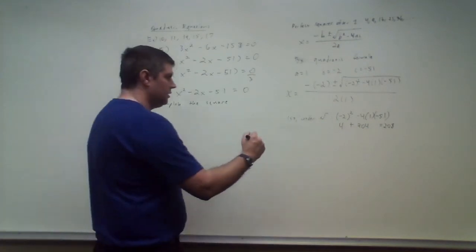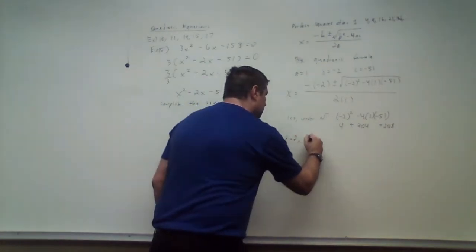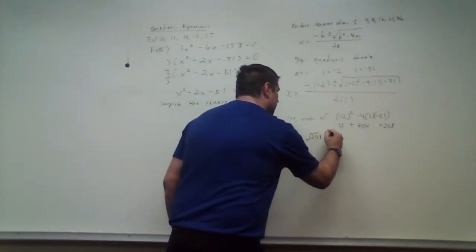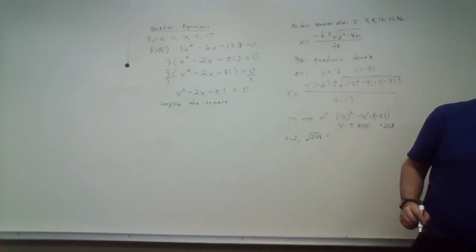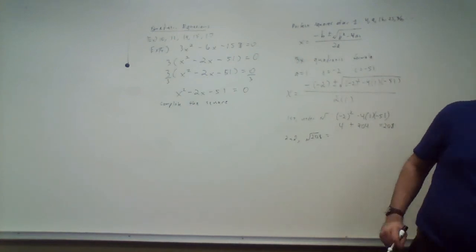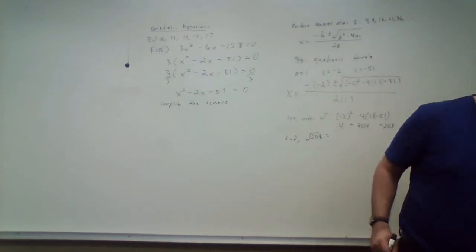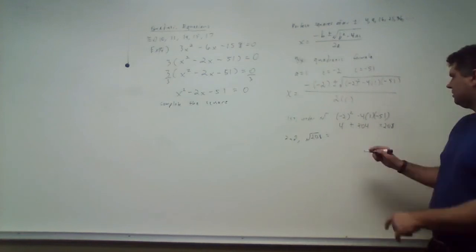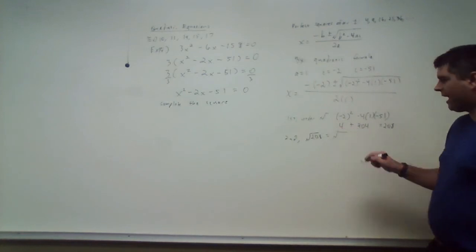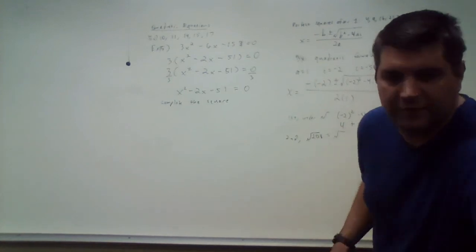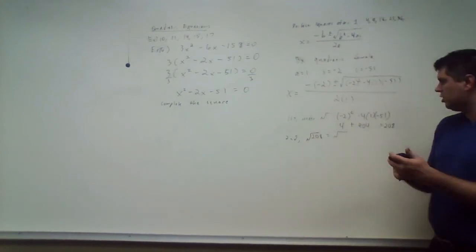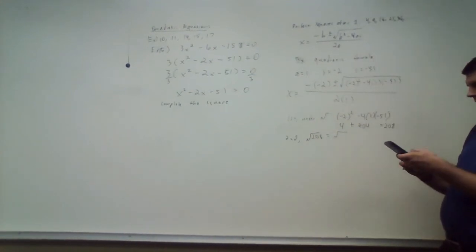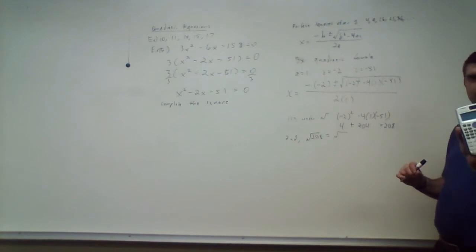Next step, square root of 208. 208 is divisible by, let's see, I left the calculator in the other room, so I have to whip out another one. 208 is divisible by 4.